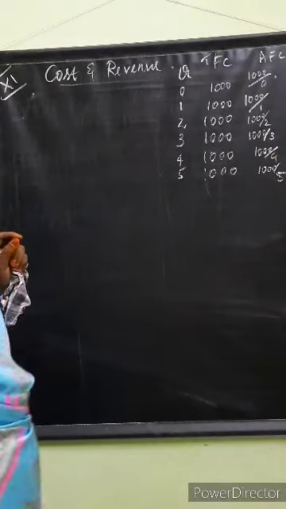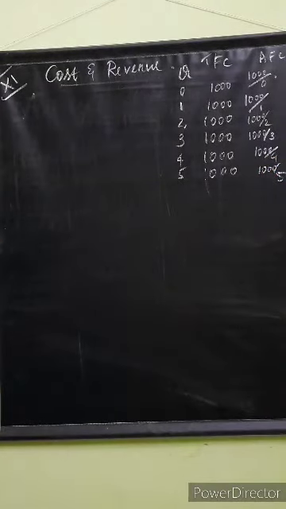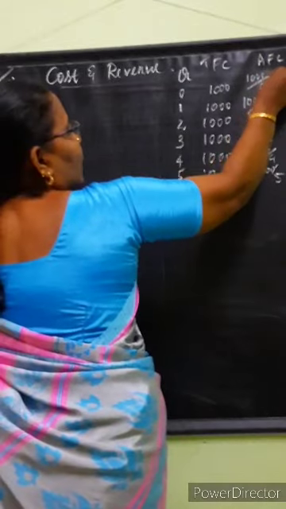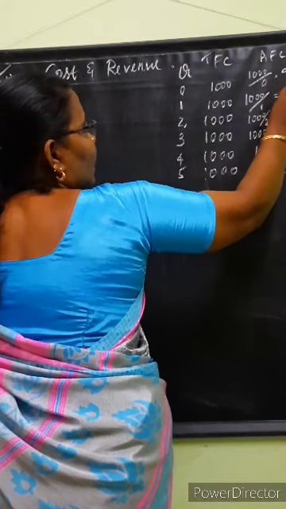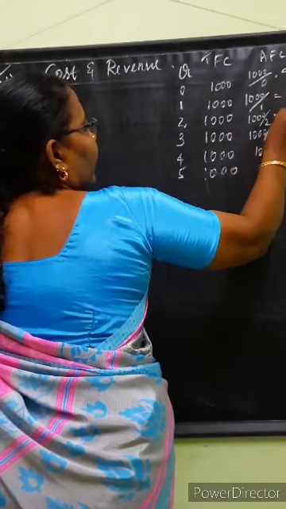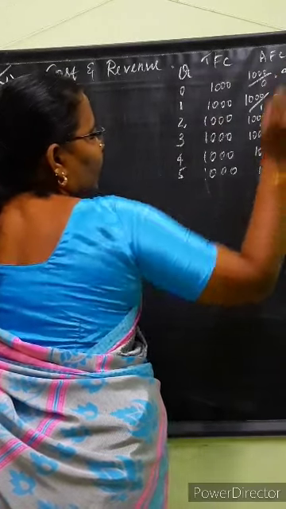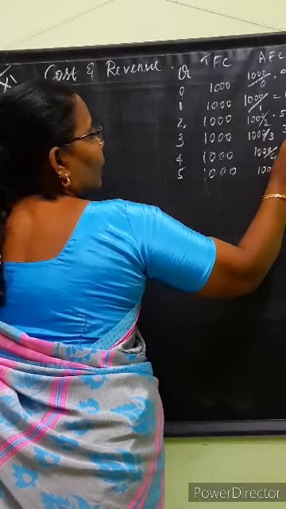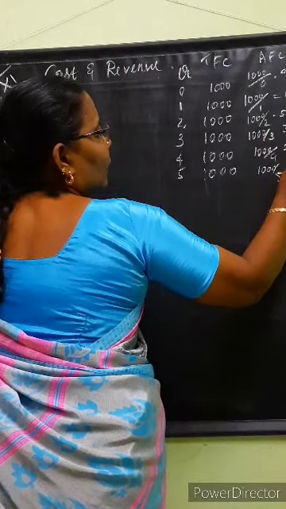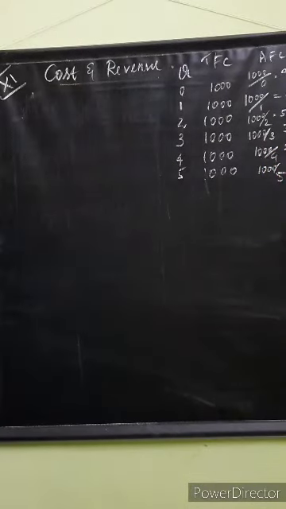Do you understand? What would be the answer? Here it will be infinite, then 1000, 500, 333 point something, 250, 200. Is it, girls?